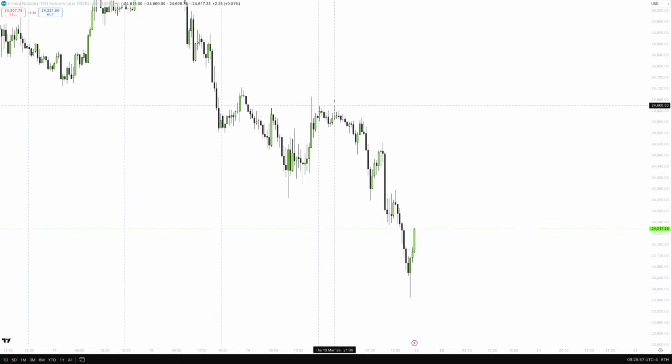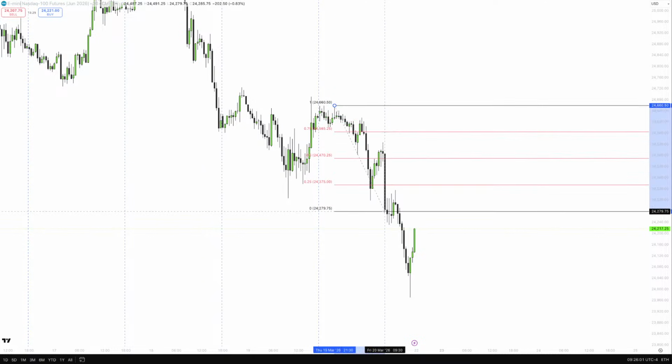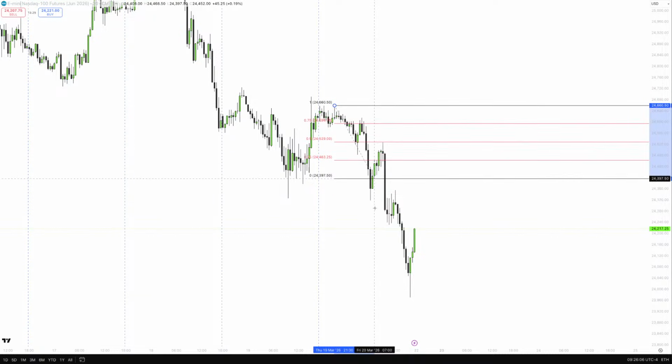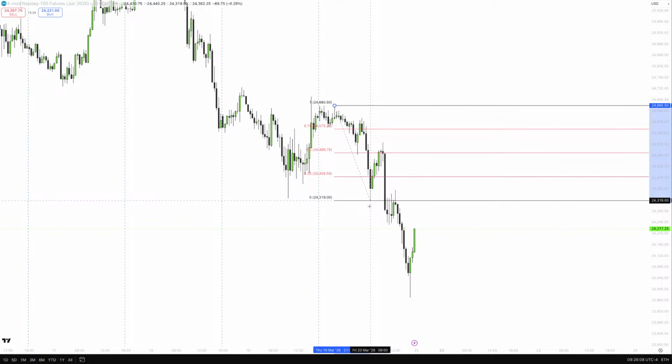And when we look at the daily range we formed before we opened up at 9:30, this is the range we formed before we opened up at 9:30. We see that we barely could tap into that area again.